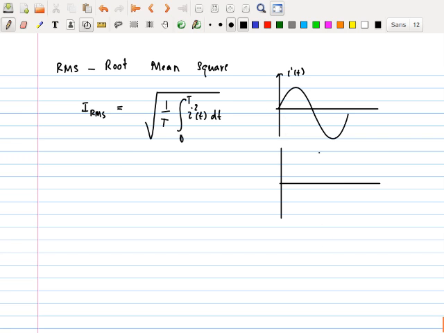This is t. Could you draw me I squared of t? Tell me, what is I squared of t? Can you quickly draw I squared of t?